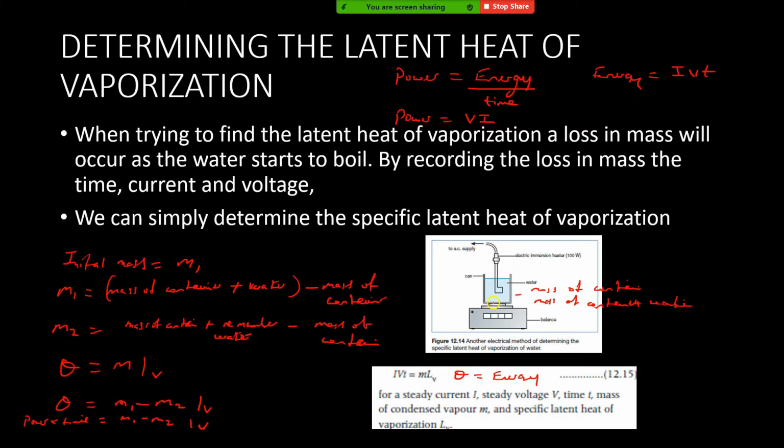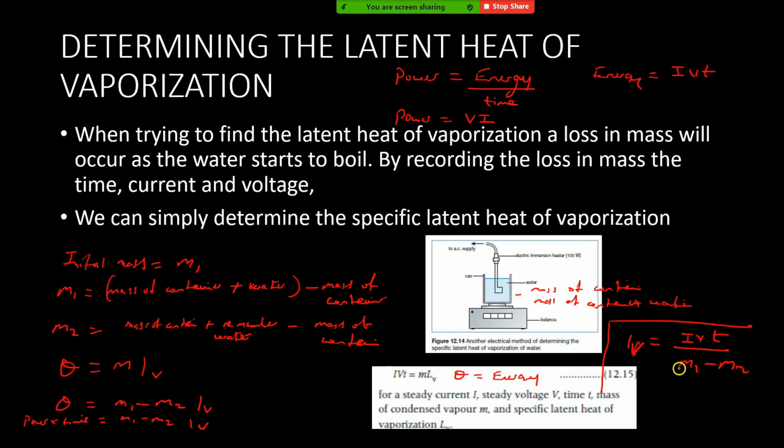By transposing the equation, we see that LV, the latent heat of vaporization, is equal to your energy, which is IVT, divided by the change in the mass, which is M1 minus M2, right?